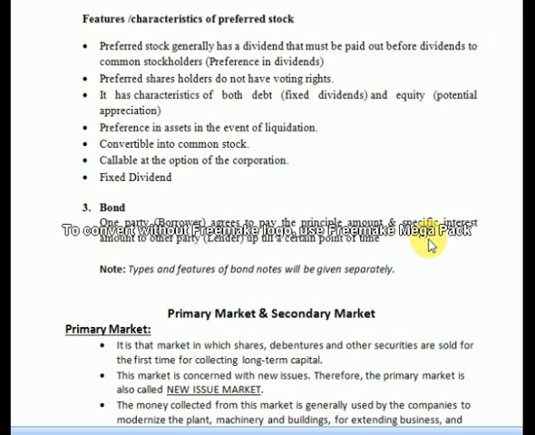So first one, priority. Preferred stock generally has a dividend that must be paid out before the dividends to the common stockholders. That is a preference in dividends, priority in the dividends. How?